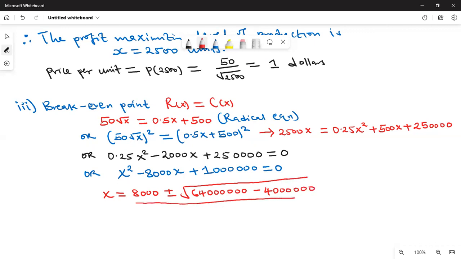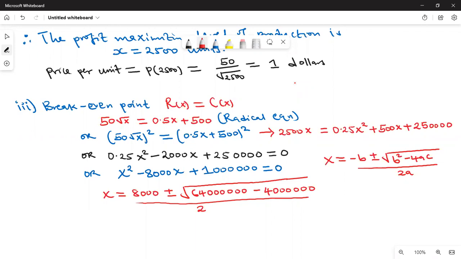Everything you divide by 2 times a, and our a is 1. The formula is x is equal to negative b plus or minus the square root of b squared minus 4ac, everything over 2a. That's what I've used. So 64 million minus 4 million will give us 60 million. So that is the square root of 60 million.